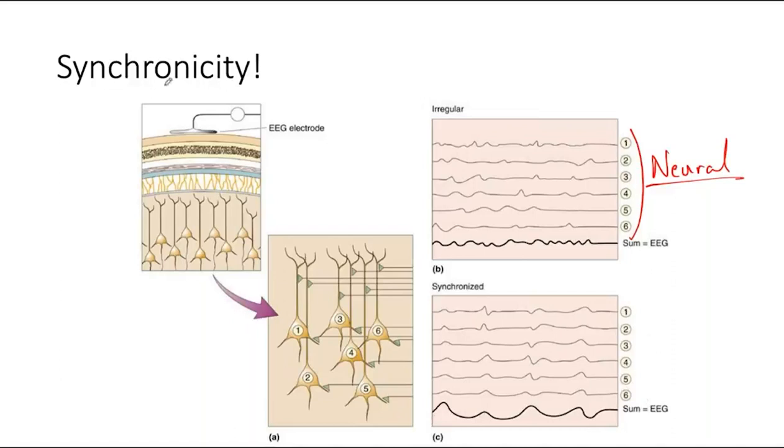So what we have in EEG is about synchrony between large groups of neurons that are perpendicular to the surface of the skull. That is the basic physics of EEG in a nutshell in 2 minutes.